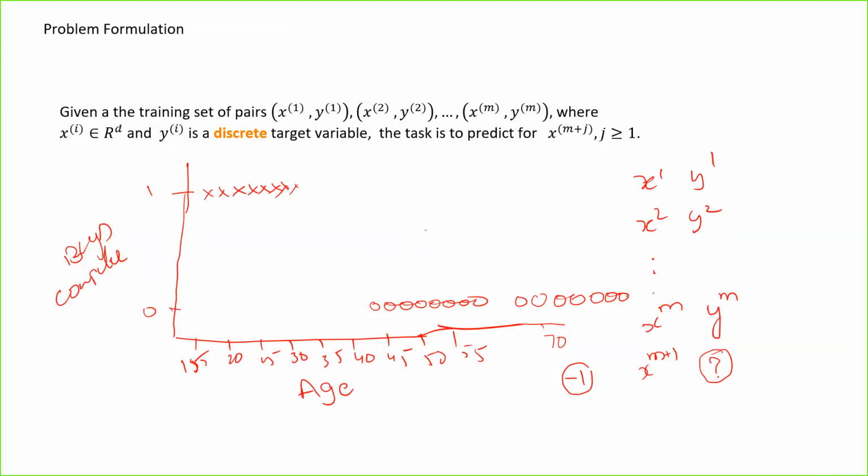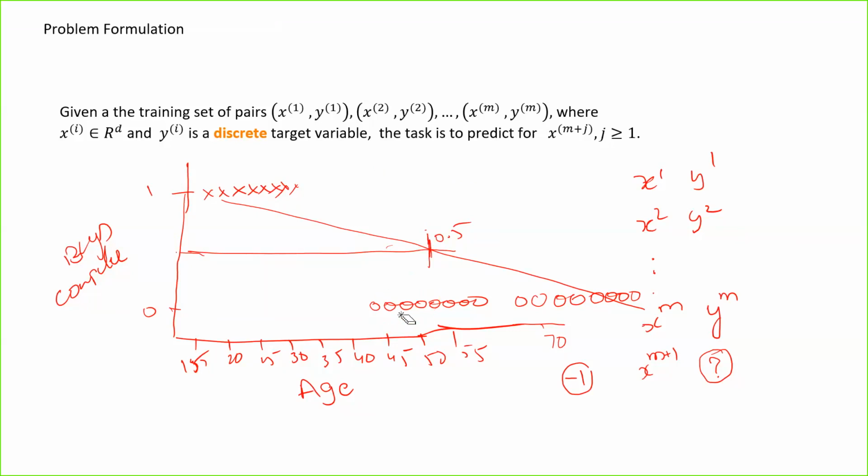So if there are more instances on this side, the line will be biased towards this, something like this. Am I right? If you set a threshold of 0.5 here, the threshold is somewhere here. Anything above this you classify as a positive instance, right? As a result, all these instances will be misclassified, right?